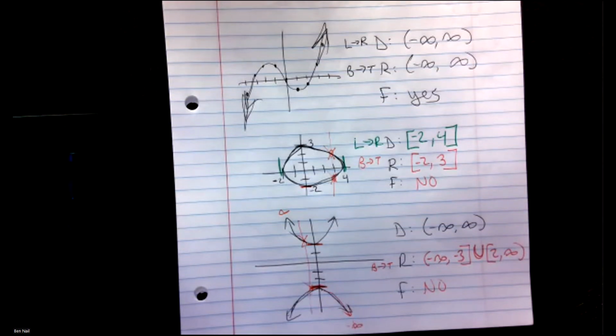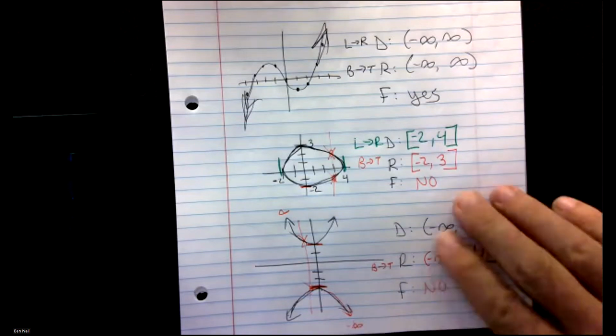Okay. Also, they do have you evaluate some functions. So a couple of things that you need to pay attention to here. So I'm going to do these in different colors.